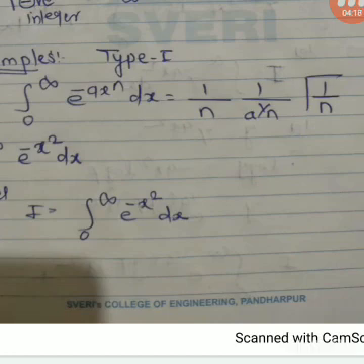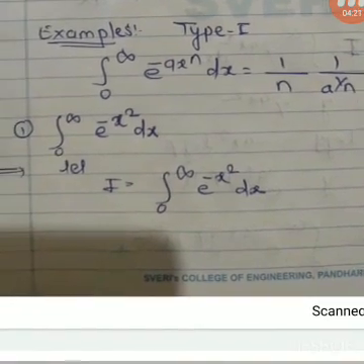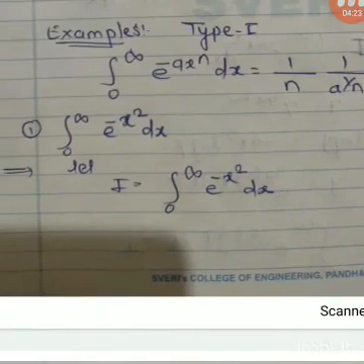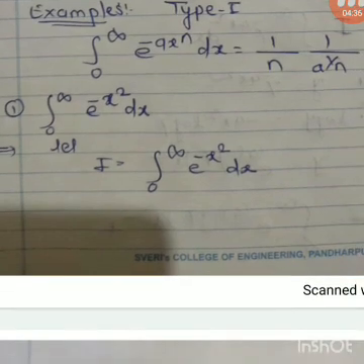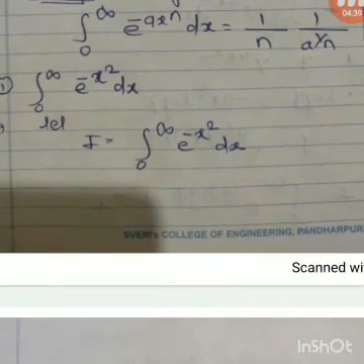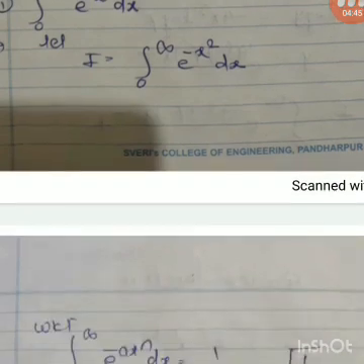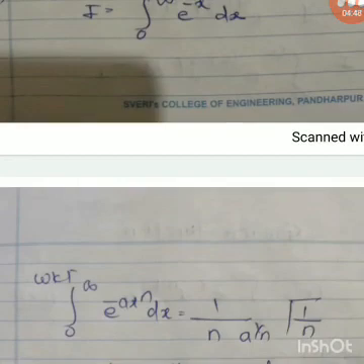Okay, next let's consider an example of type 1: the integral from 0 to infinity of e raised to minus x square dx. Clearly by observation we can say that it is of type 1. How to solve the example? Let I be equal to the integral from 0 to infinity of e raised to minus x square dx. Clearly it is in the form e raised to minus a x raised to n.